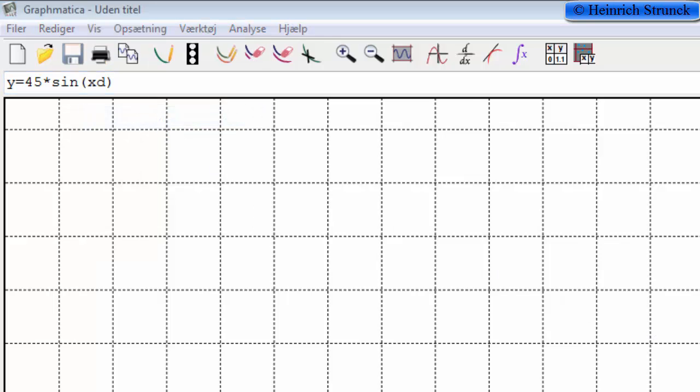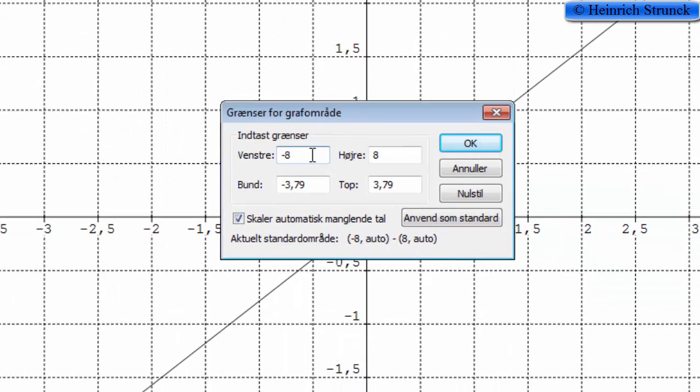Then we can key in the left side, that was minus 400, the right side positive 400, the bottom minus 50, and the top positive 50.